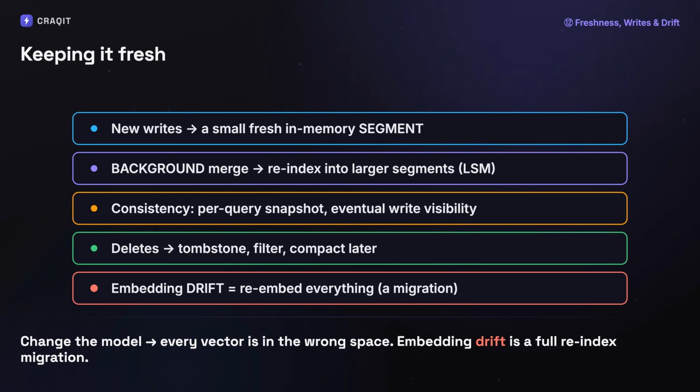So changing the model means re-embedding and re-indexing your entire corpus, a full backfill, often with a dual write or shadow period, so you don't take downtime. It's not a config flag, it's a data migration project. Naming embedding drift as a migration, unprompted, tells a senior interviewer you've actually lived through a model upgrade.